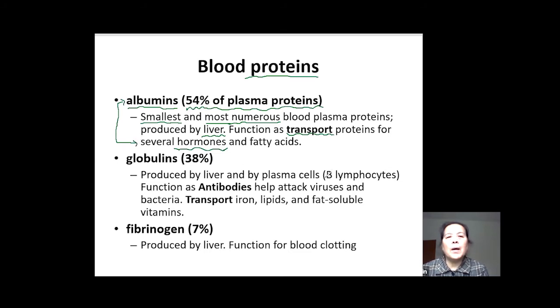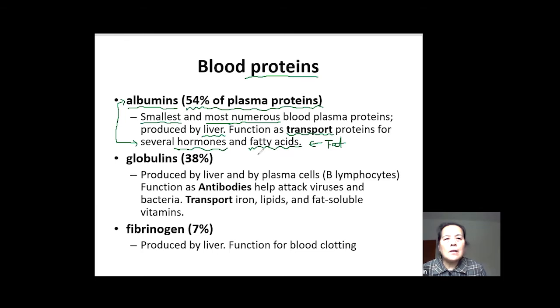It's not the hormone itself traveling in the blood circulation. And also they transport fatty acid. So fatty acid is the smallest fat. It's coming from our digestion, like fat digestion.